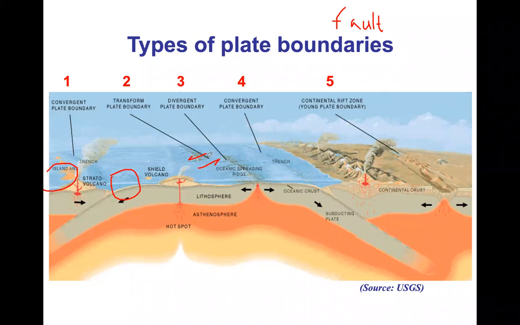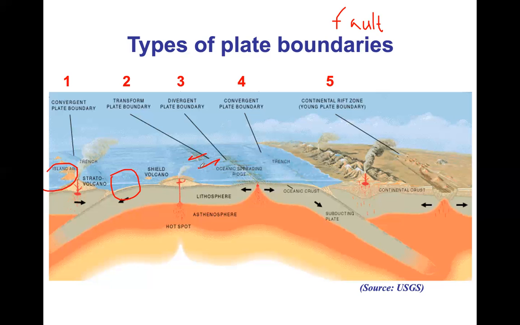So here, a single plate fractured, with one portion moving in one direction, towards the left hand side, and the other portion moving to the right hand side. So that is what you call faulting. This type of faulting situation is called a transform plate boundary, or in other words, transform faults. So that is another plate boundary that we have in the planet. That is the second situation.